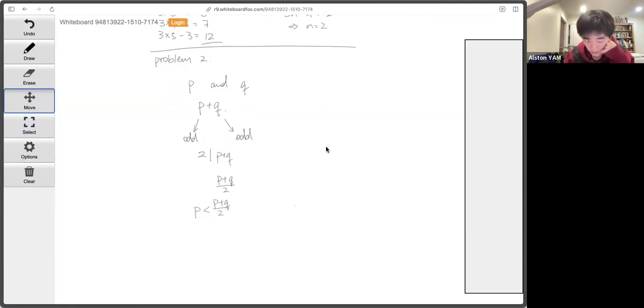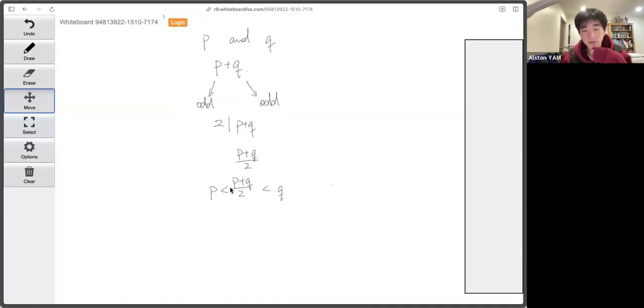And in a similar way, it will be strictly less than Q. So we see that this (P plus Q) over 2 term is sandwiched between the two primes P and Q.